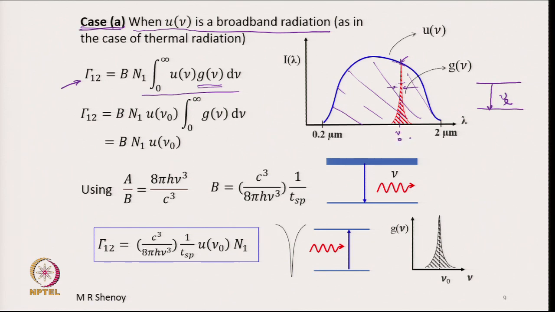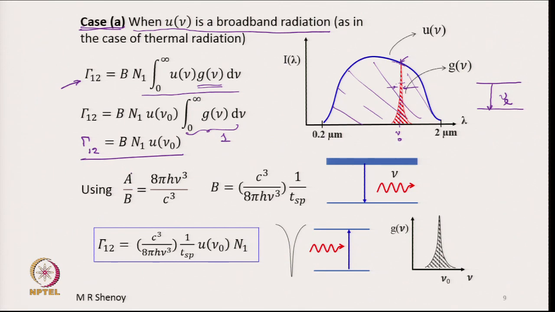Then we can integrate G nu d nu, and integral 0 to infinity G nu d nu is 1. So, this is 1, and therefore we have gamma 12 equal to B N1 into u nu 0.